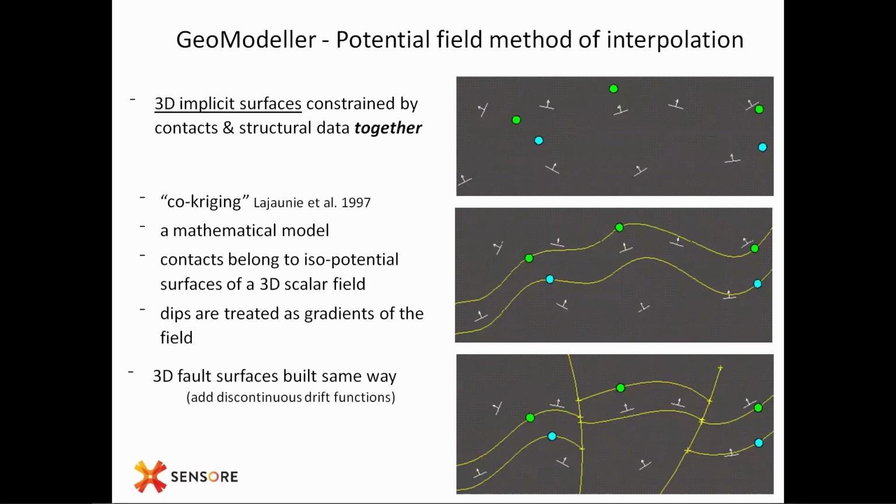The basic principle of GeoModeler is to interpolate the isopotential surface based on the points information that you are providing and the orientation data that helps guide the shape of that particular isopotential line. This is how we are able to achieve a surface based on both pieces of principal information.